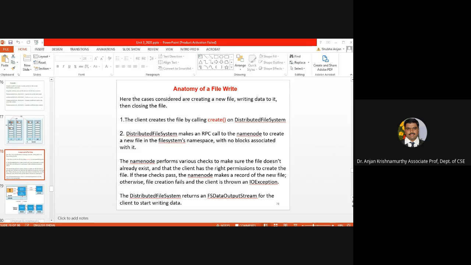The second case is that the file is not allocated any blocks unless it encounters errors during the process of creation or any other IO related issues during file creation. If there are any such errors, an exception called IO exception would be thrown.